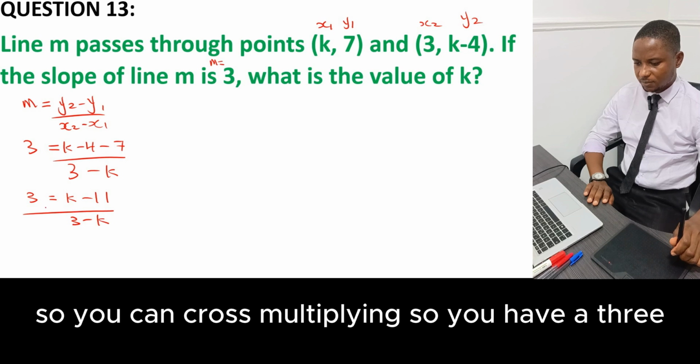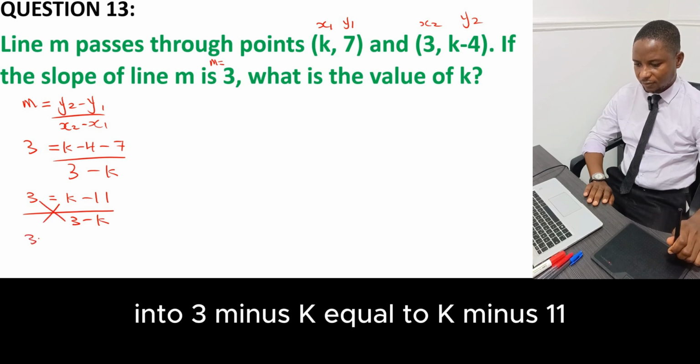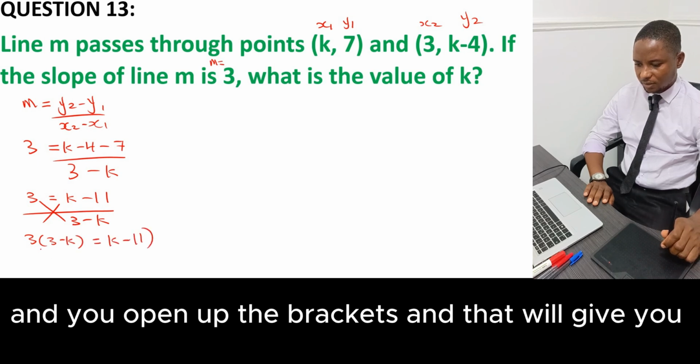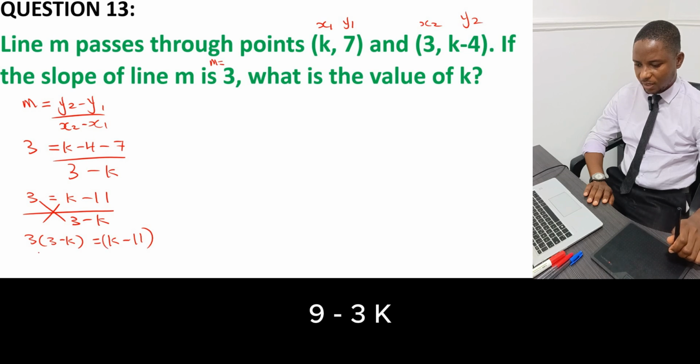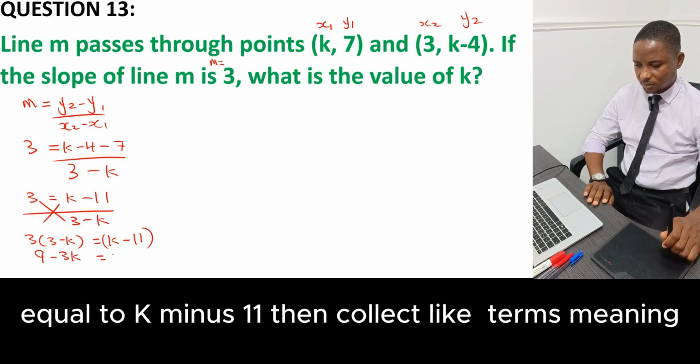So you can cross multiply. So you have 3 times (3 minus k) equal to k minus 11. And you open up the bracket, and that will give you 9 minus 3k equal to k minus 11.